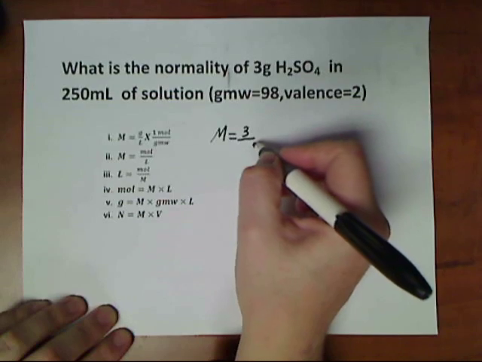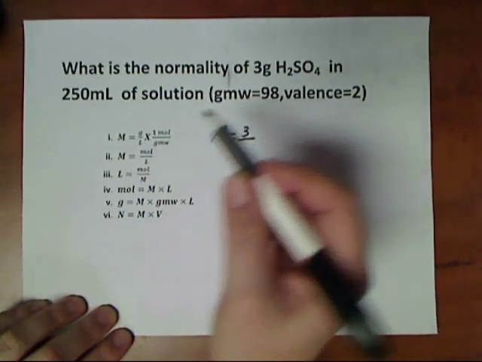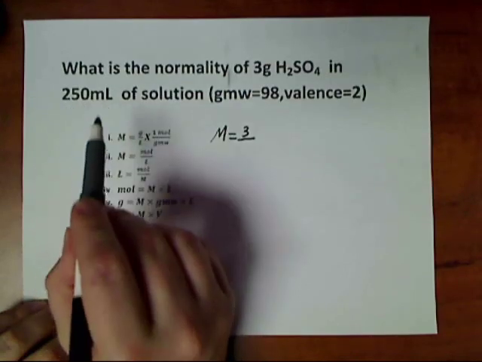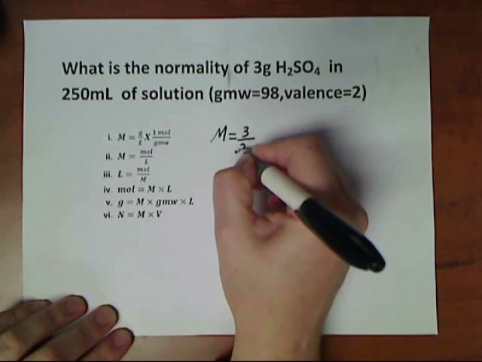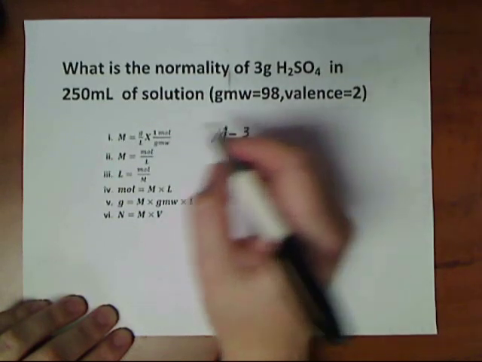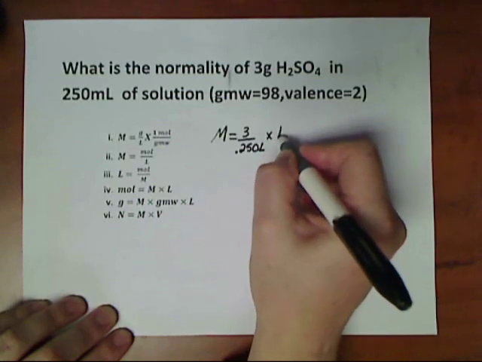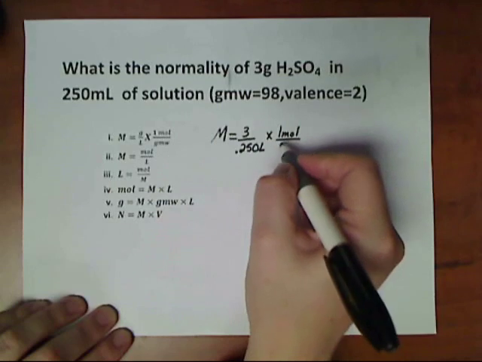If we divide this by the number of liters, we have to stay with liters. We have 250 mils up here. We have to convert that to liters. So that gives us 0.250 liters. We then multiply times 1 mole over the gram molecular weight, which we know is 98.